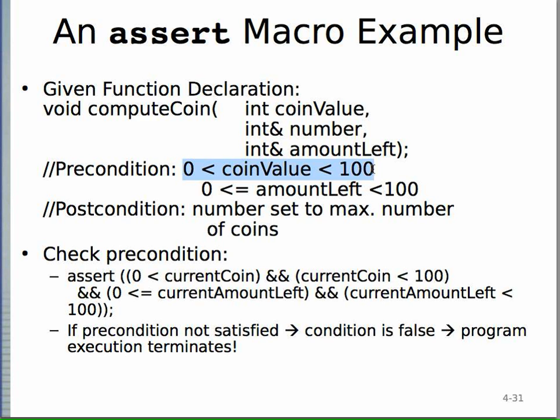I explained in that course that a lot of programmers will use something a little looser like this. This is not really a valid Boolean condition, but let's just pretend it is. So this is saying coin value should be between 1 and 99.